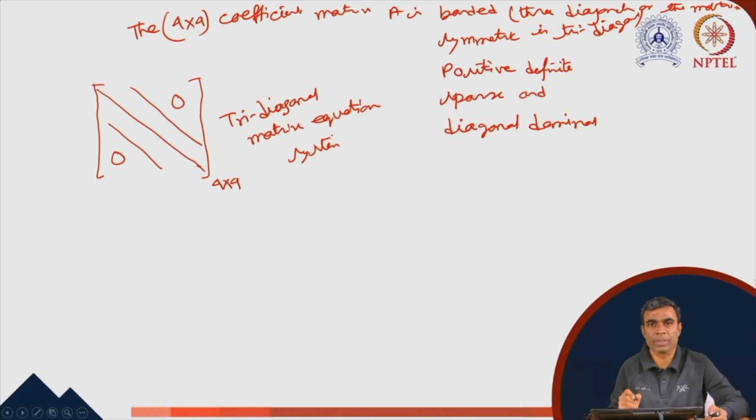A direct equation solver known as Thomas algorithm is the best solver for solving the unknown quantities in a tridiagonal matrix equation system.